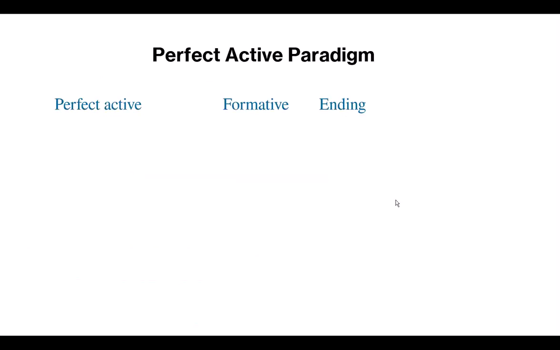So let's review the perfect active paradigm for luo. We see the stem lu, and then we have the reduplication le, and then the ka tense formative and the null endings. It's the first singular leluka, second singular lelukas. It's pretty straightforward, the sigma ending and the ka.